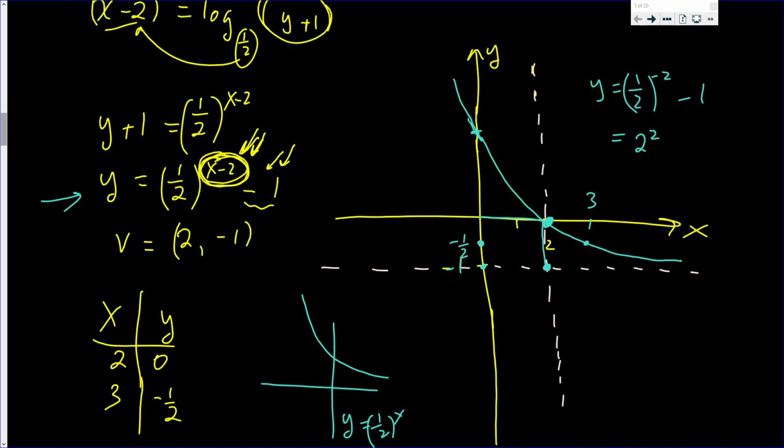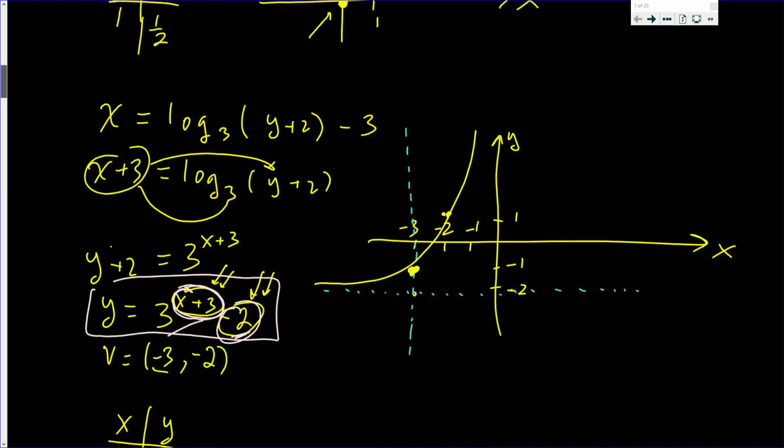That's 2 squared, which is 4, minus 1 is 3. So once again, it happened to be 3. And I think the other one was below. Nope, it's above. So just make one minor change. Nothing major. I'm just going to make this go up higher. And I want to show that it does cross.